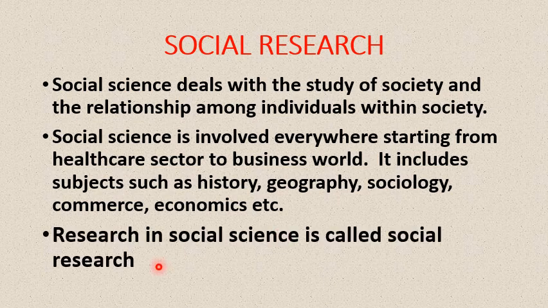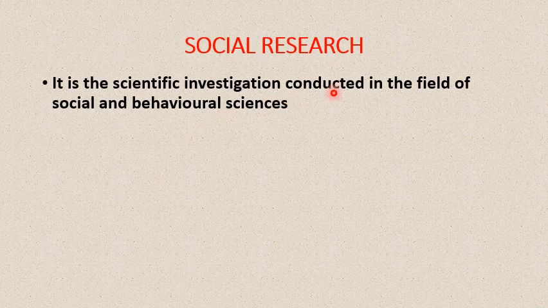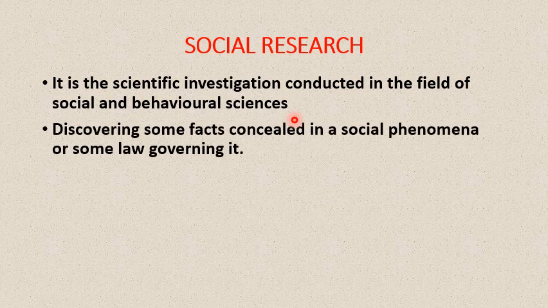Then, in simple words, we can say that research in social science is called social research. It is the scientific investigation conducted in the field of social and behavioral sciences. Behavioral science includes subjects such as psychology.